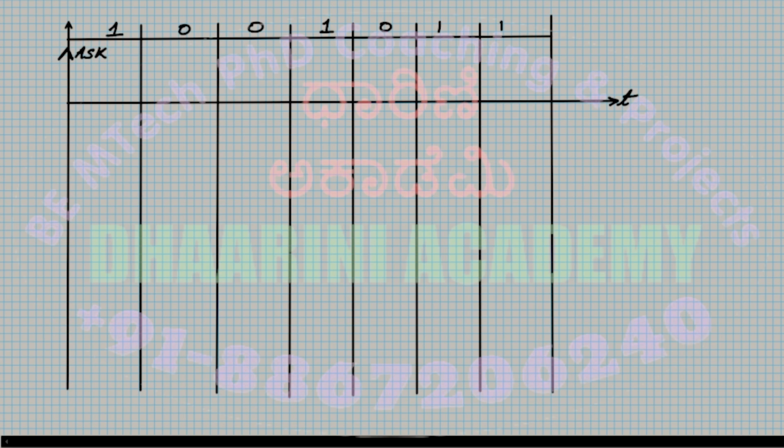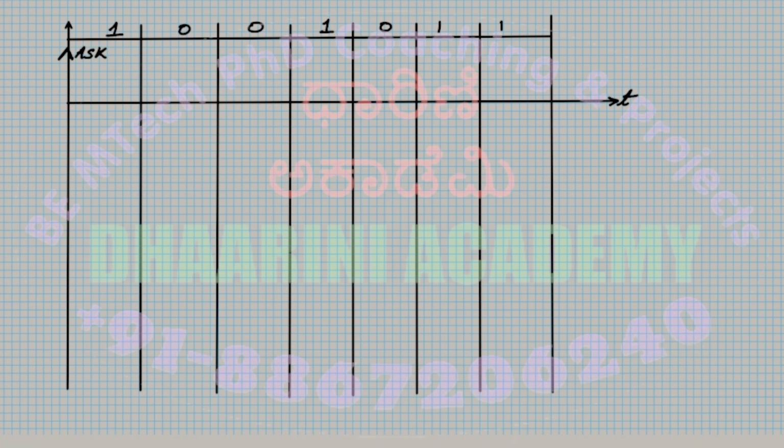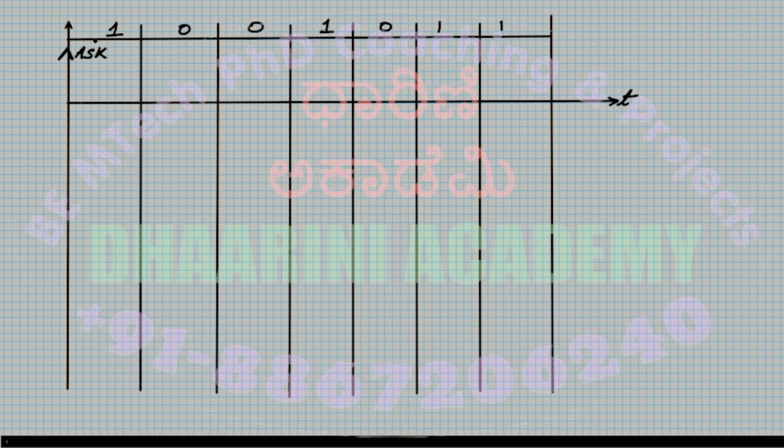Now, the amplitude of the carrier signal should change. Whenever there is a one, the amplitude of the carrier is maximum.